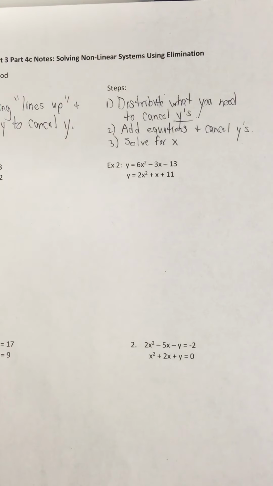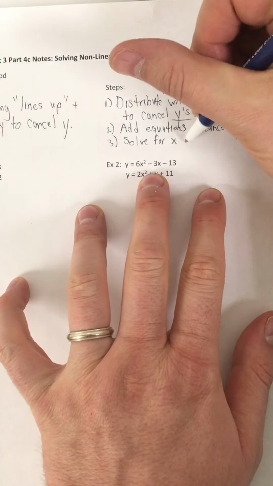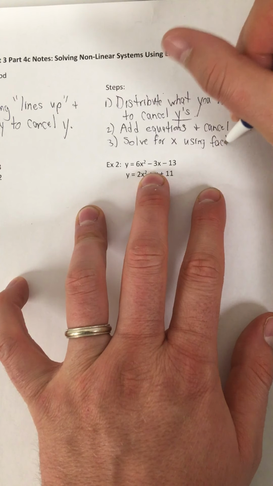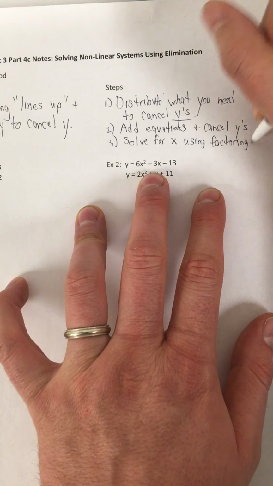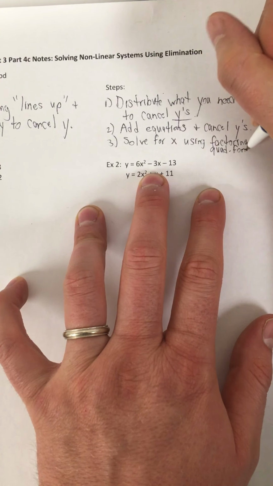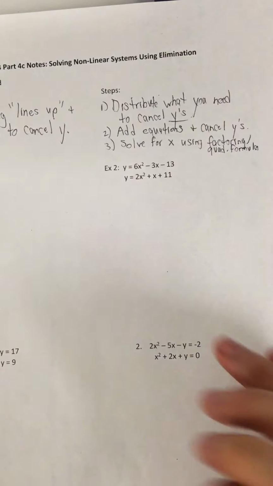And then just like substitution, we had basically two methods we could use for solving for x. We could use quadratic formula or factoring. Same thing here. Solve for x using either factoring or quadratic formula. Or sometimes you could use that square root method, but most of the time it could be factoring.